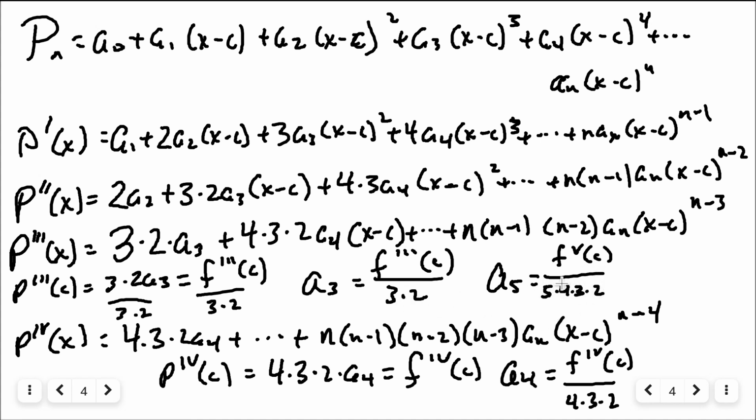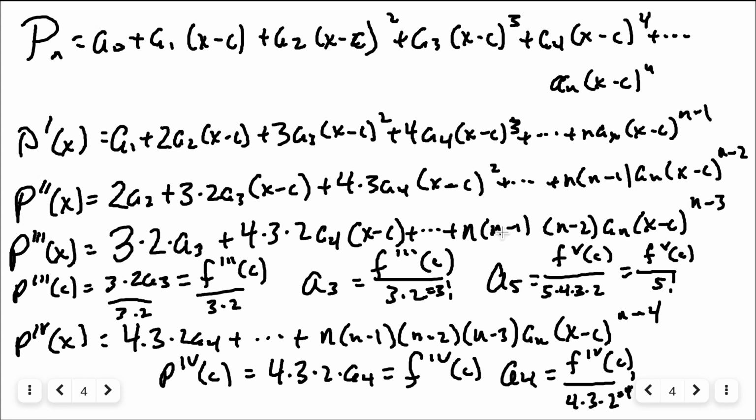Now I can write 5 times 4 times 3 times 2 in a simpler way, right? So I could write this as 5 factorial. And I could write this as 3 factorial. Or this is 4 factorial.